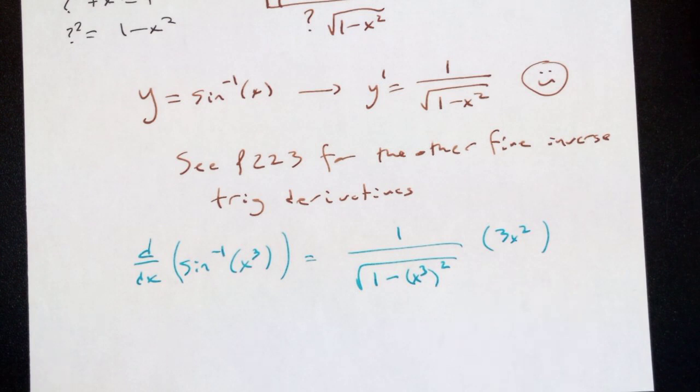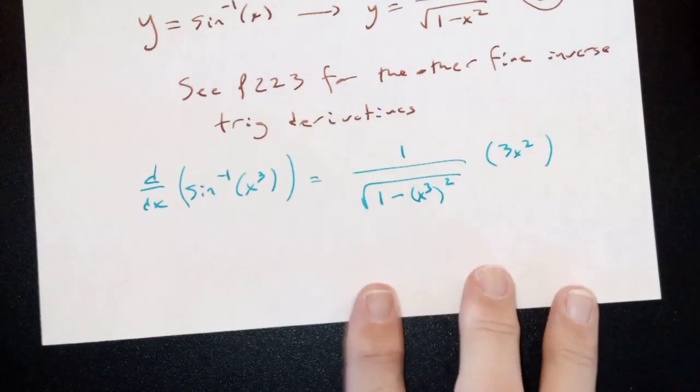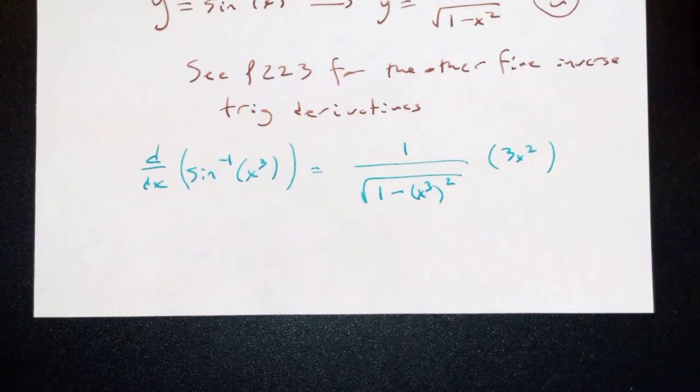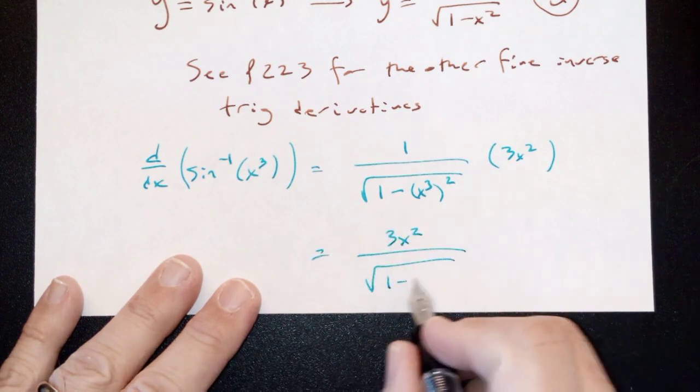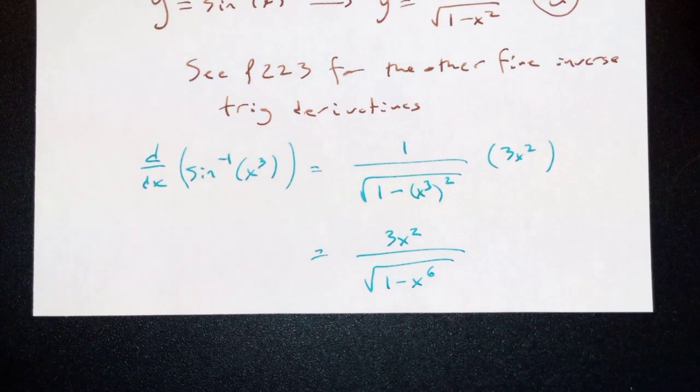But the textbook will probably simplify that and write 1 minus x to the 6th on the bottom. And most likely, we'll write it as a single fraction. Questions? All right.